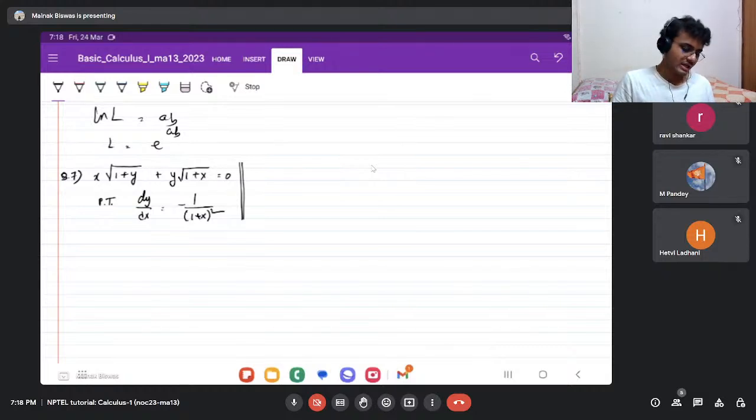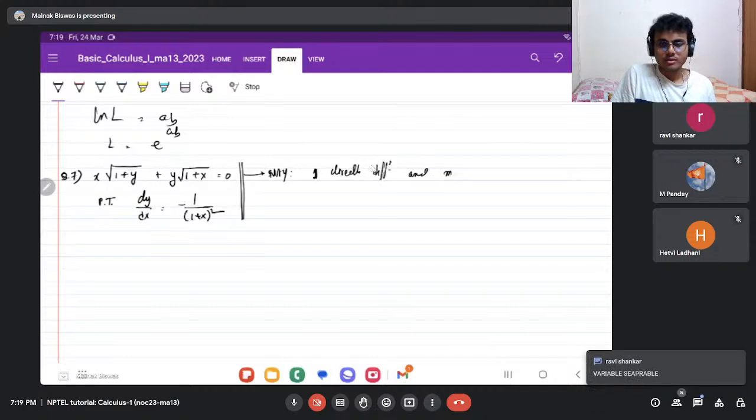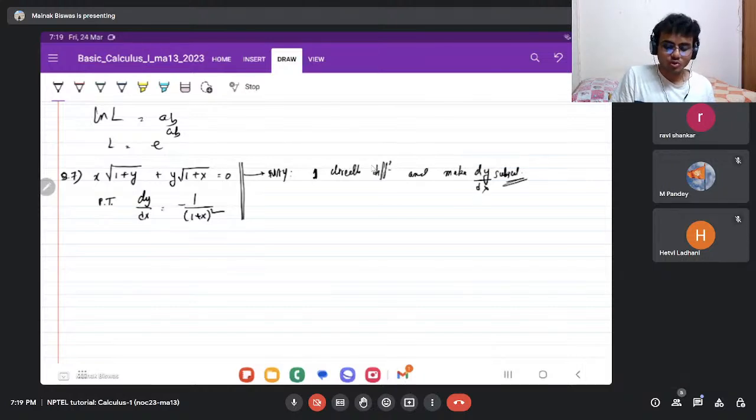Okay, I see no ideas. One way is to directly differentiate. Way 1: directly differentiate and make dy by dx the subject. But I think this won't work. Very lengthy. You would not be able to separate.